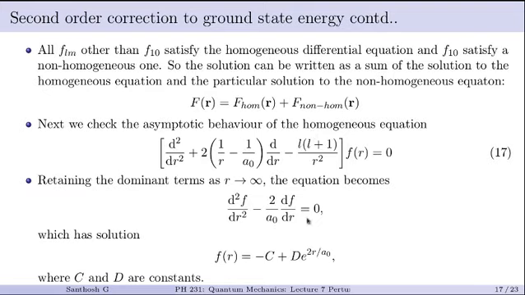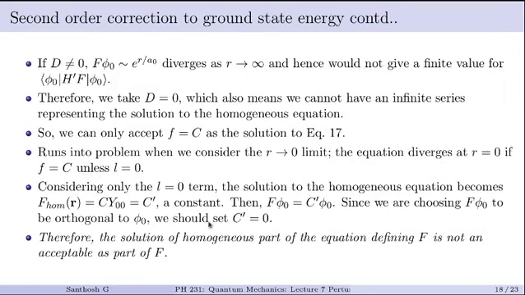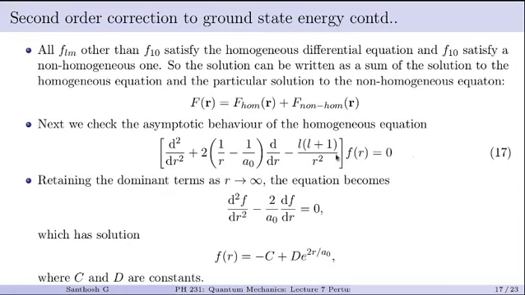So the only remaining part in the solution is this constant c, and if we choose f equal to c, then we will run into a problem if we consider the r tends to 0 limit. To see that, consider equation 17. In this case, as r tends to 0, L into L plus 1 by r square times f of r becomes infinity unless L is equal to 0.